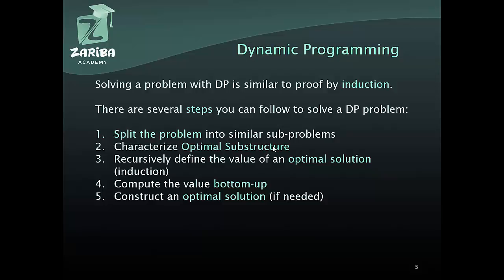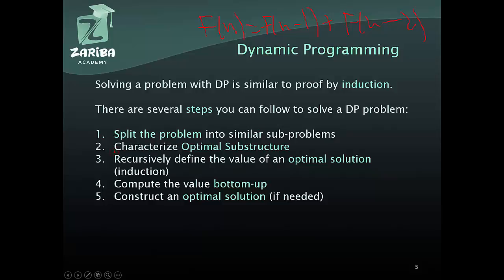Someone tells us to do the complicated thing to calculate f of n, and we would like to solve it in a smaller sub-problem. So to solve f of n, someone tells me that I have to know what f of n minus 1 is and what f of n minus 2 is. So this is already split into smaller sub-problems for us.